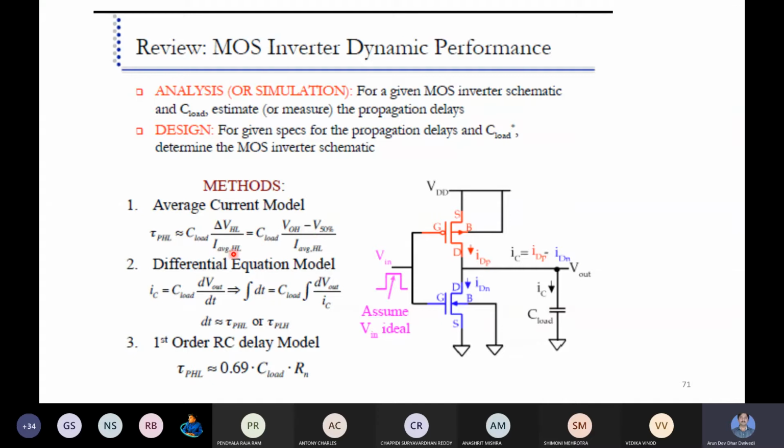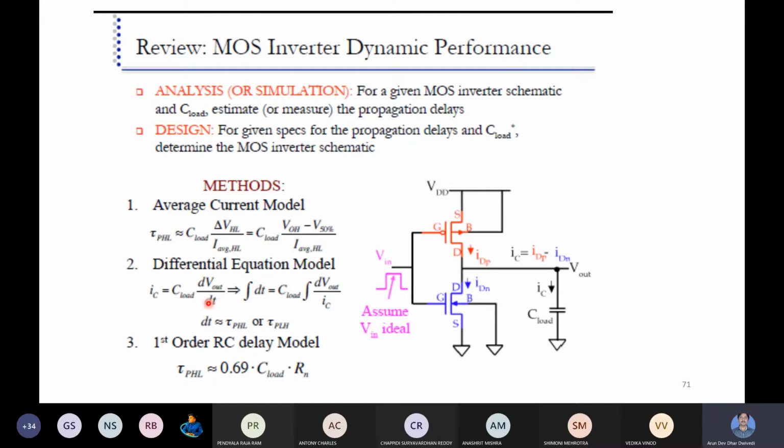So we can use the average current model, or the differential method, where the current of the capacitor is C load dVout by dt.